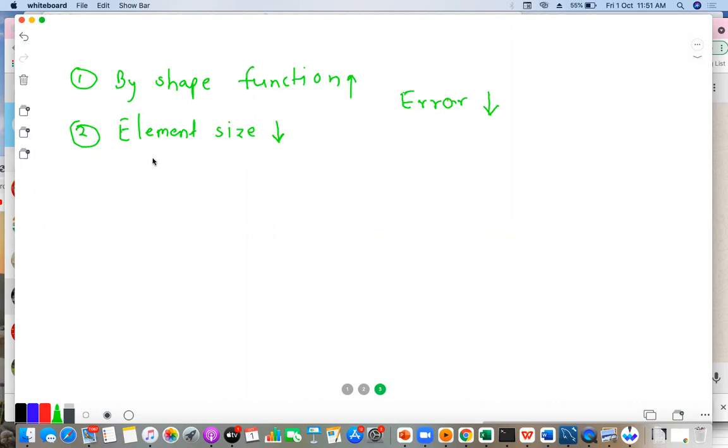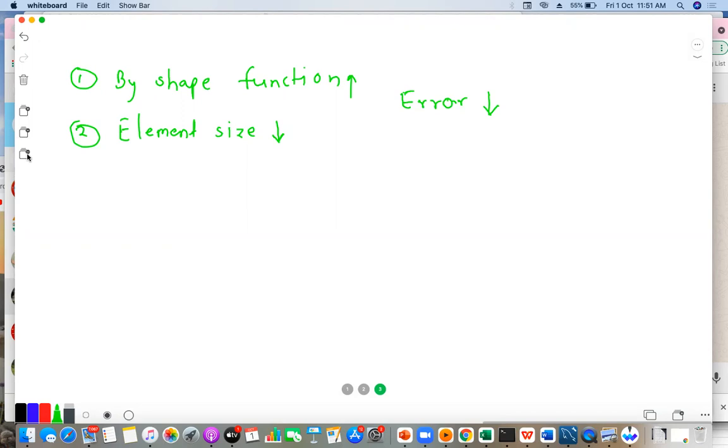We cannot go to smaller and smaller element size, and we cannot go to higher and higher order of shape function. So we have to optimize. Okay. So this is from the perspective of element size and shape functions.